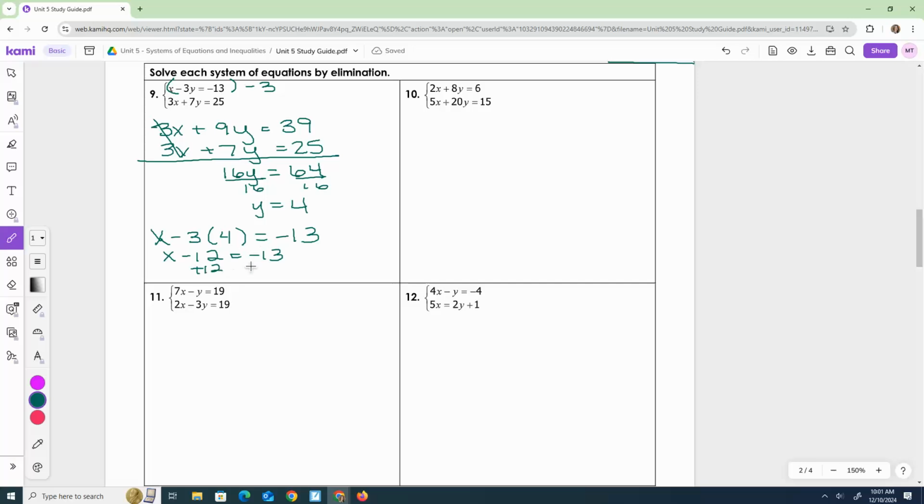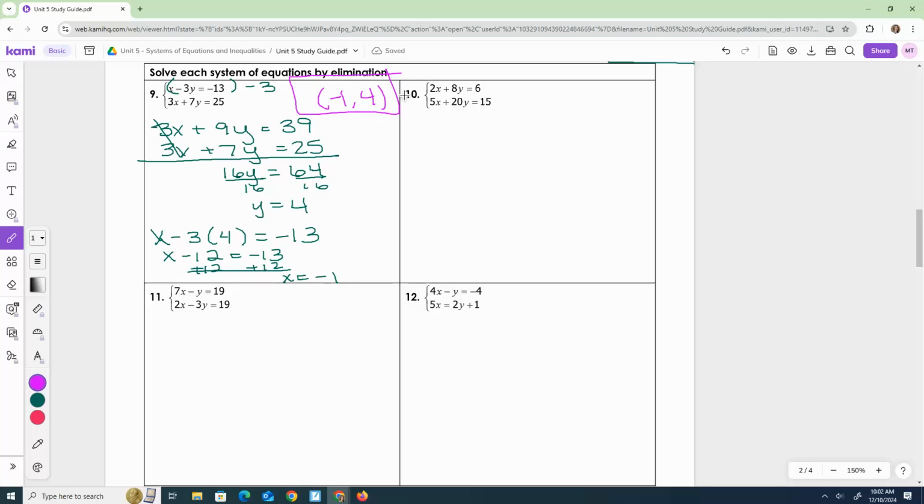Add the 12. And get x equals negative 1. So my answer, x comma y, negative 1 comma 4.